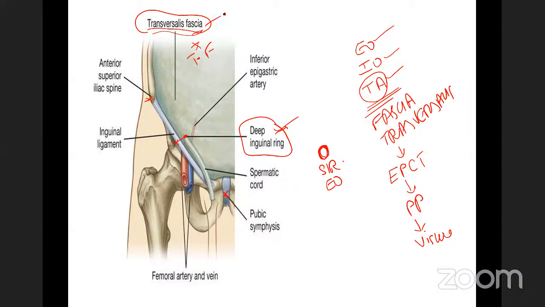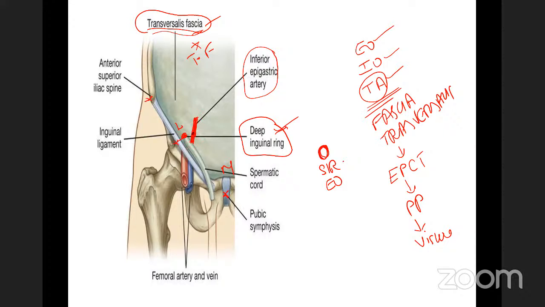Now, a very important thing, this will help you for your next class. If you observe here, there is an artery called the inferior epigastric artery. This is medial. So the deep inguinal ring is lateral to the inferior epigastric artery.